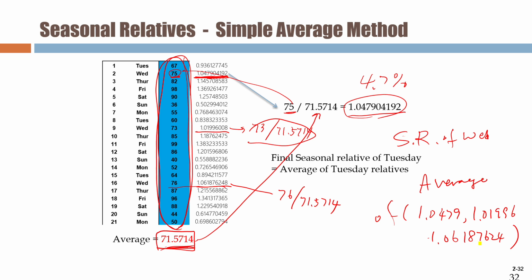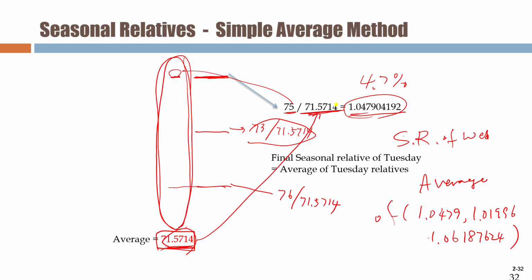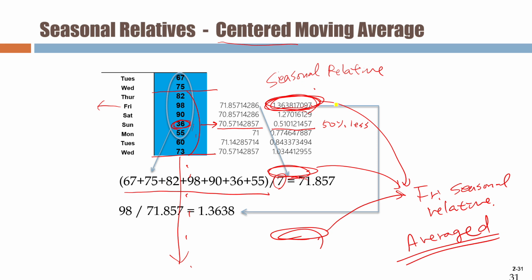So how we can choose a denominator is different. You can just use a total average as a denominator, or you can use the central moving average to put it at the center, same amount of future, same amount of past, and then you calculate the average.